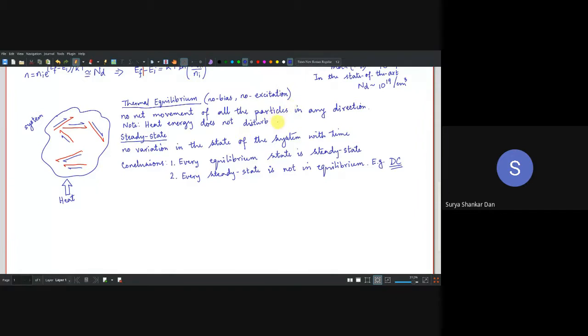Now there is however a situation in which application of heat will generate voltage.